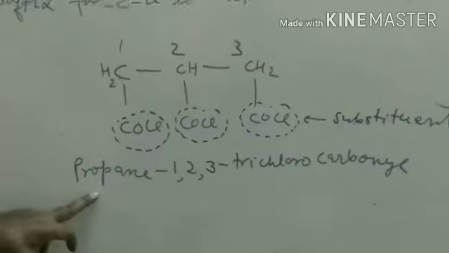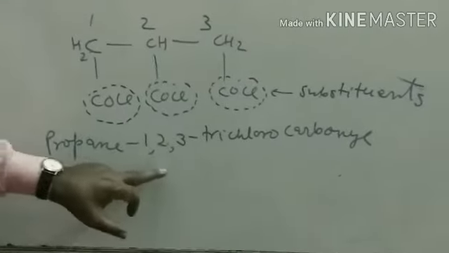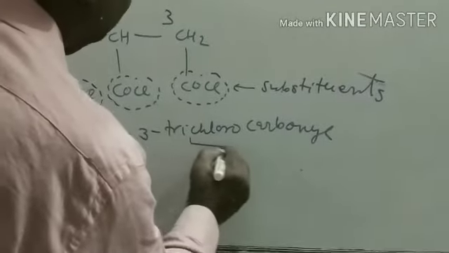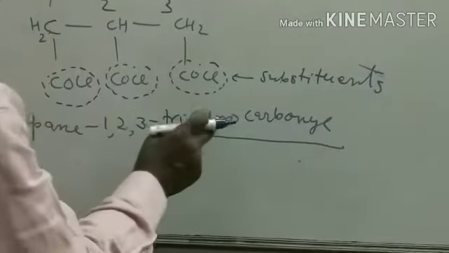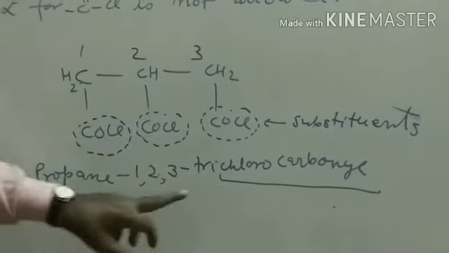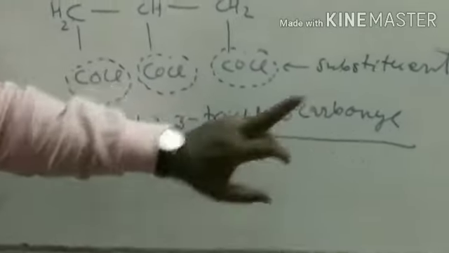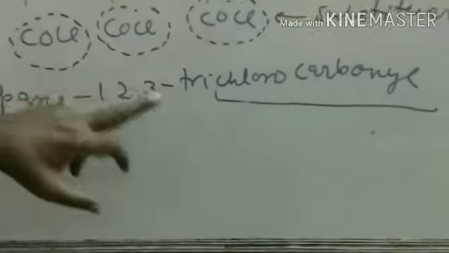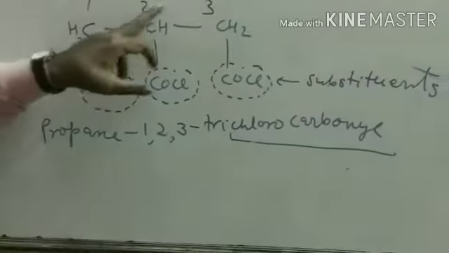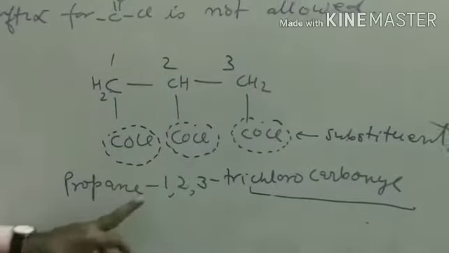So it is better to say like that: propane 1, 2, 3 trichlorocarbonyl. This chlorocarbonyl substituent is COCl. It is 3 in number, so it is tri. Its position is on 1, 2 and 3 position carbon, so it is 1, 2, 3.